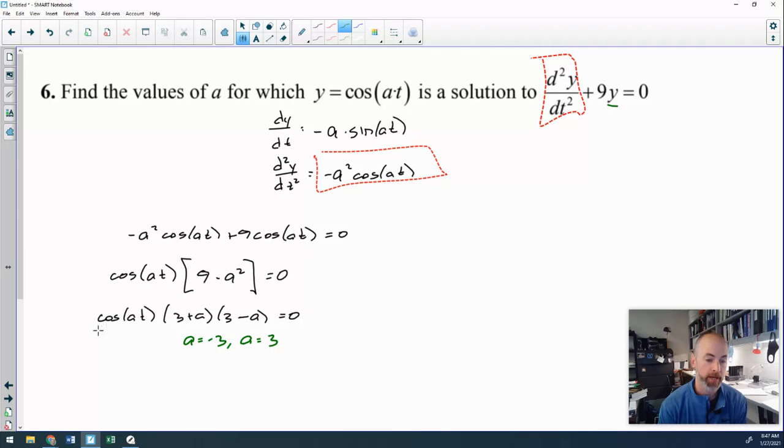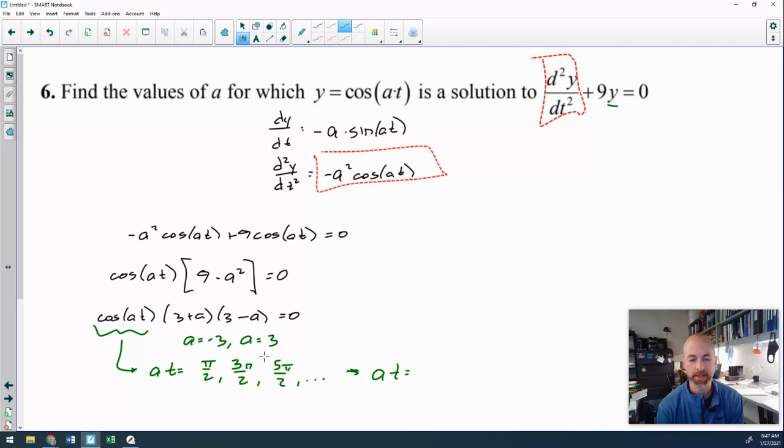However, it is possible that cosine of at equals 0 and cosine is equal to 0 when the angle is equal to pi over 2, 3 pi over 2, 5 pi over 2, so on and so forth, which can be generalized as at equals 2n plus 1 times pi over 2.